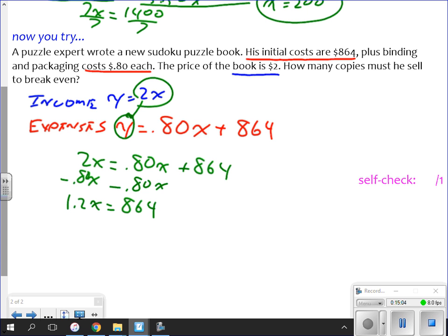Somebody please do that for me. How many books must you sell? How much? $720. I don't know if that's going to be very good or not.